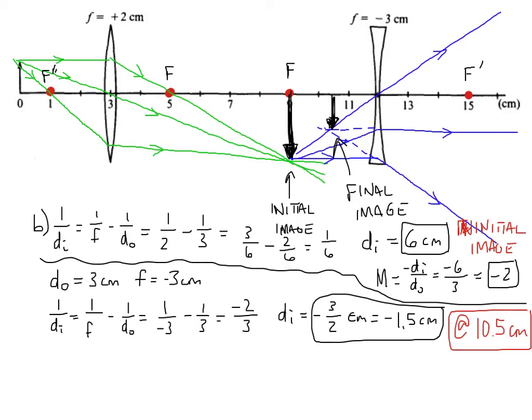Let's also go ahead and get the magnification of that one. So the magnification is negative di over do, which is negative negative 1.5 over 3.